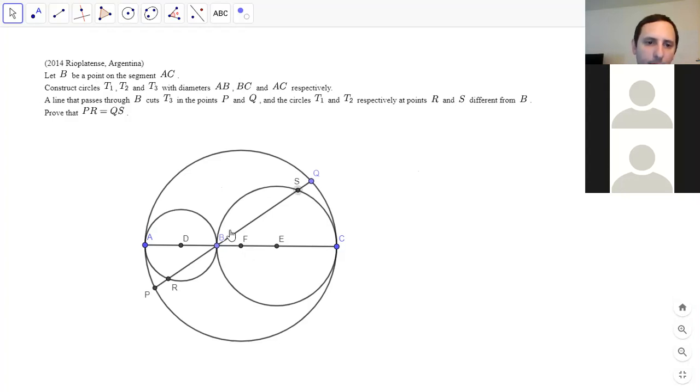If we drop a perpendicular from F to PQ, it bisects PQ. And then could we show that point has the same power with respect to both circles? If we can show that, that would solve it.